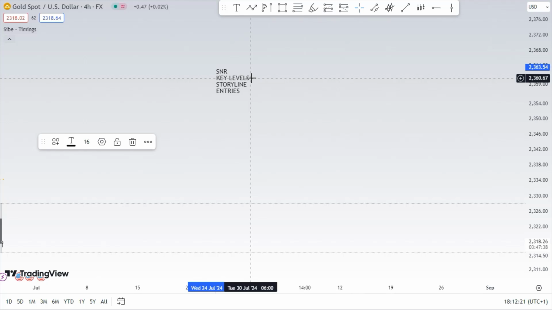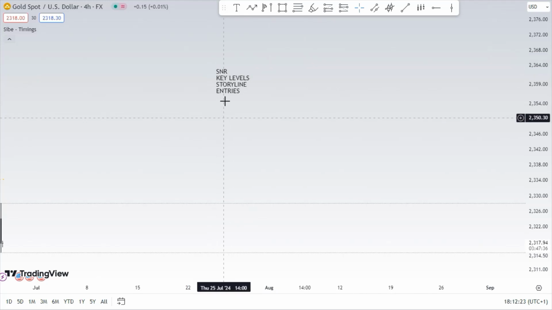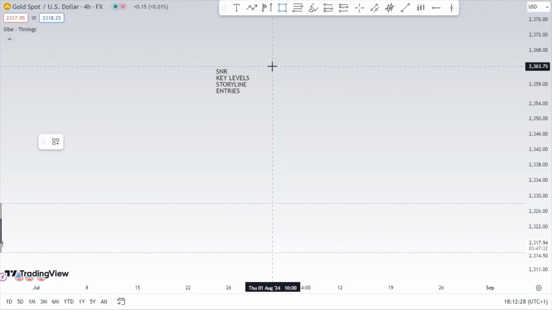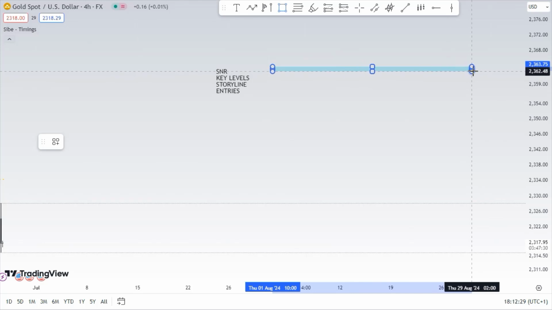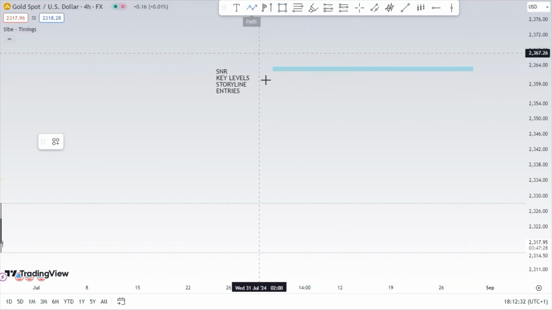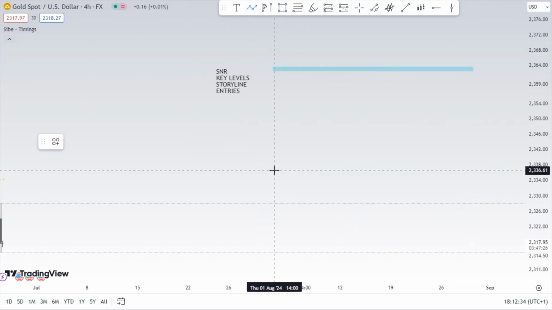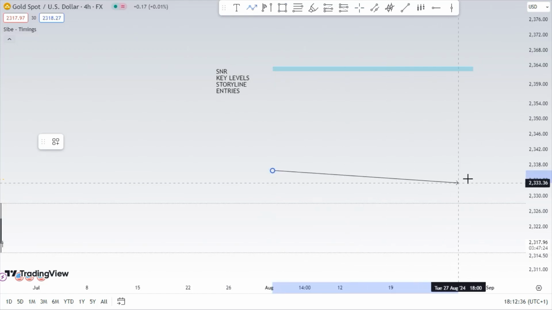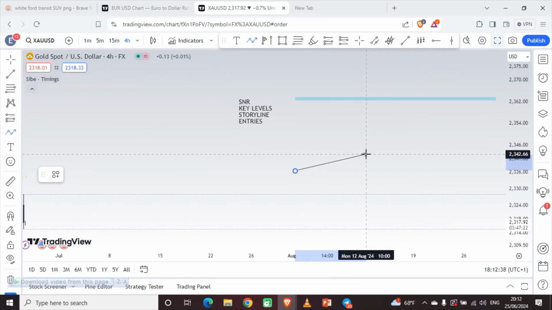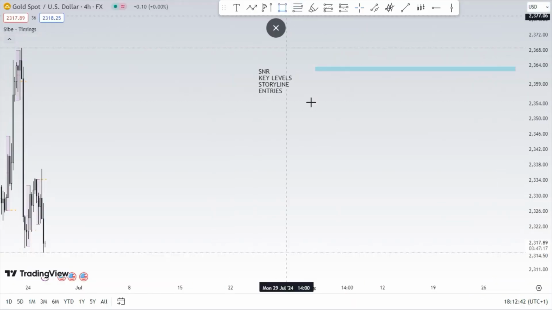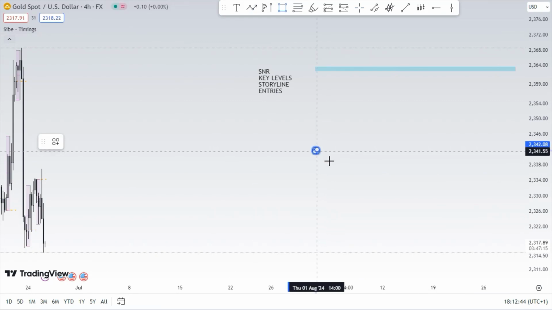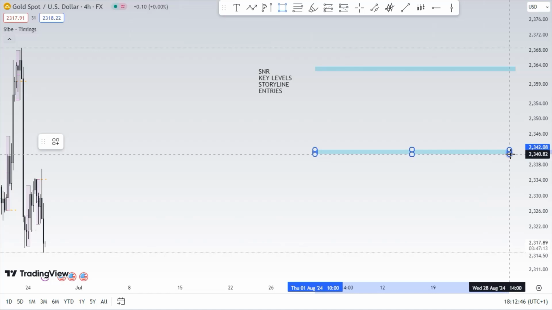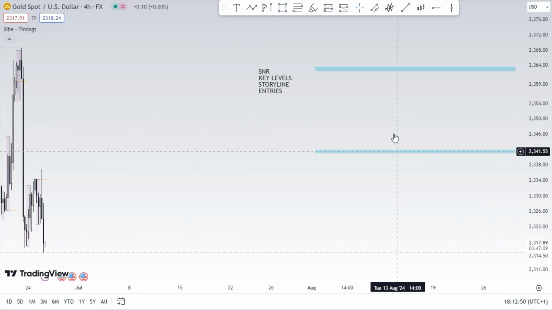So let's give a brief overview of what SNR is. SNR, support and resistance. In classic support and resistance, if we have a level up like this, it's going to be a resistance level. And then if we have a level down, of which we expect price to bounce from this level, this is going to be our support level.